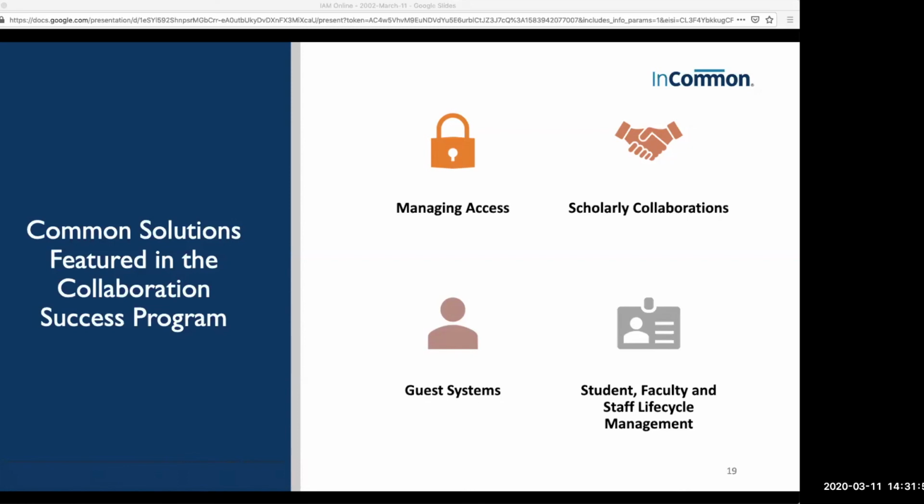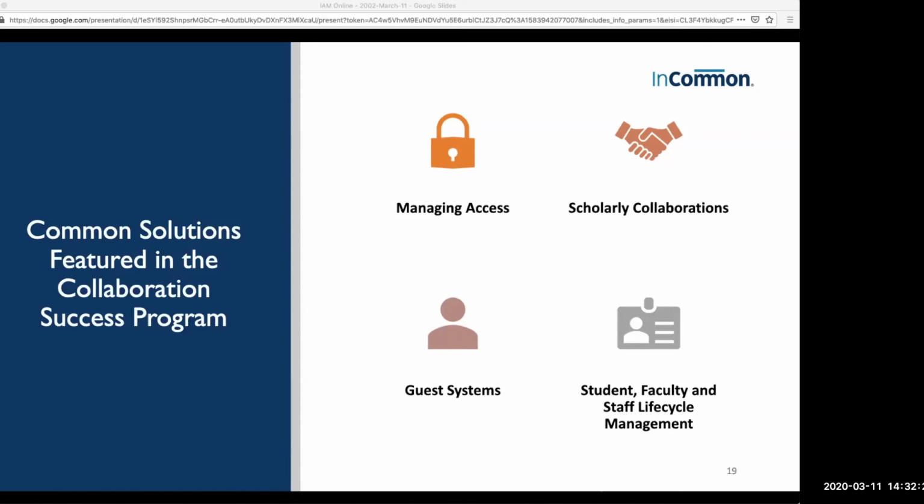We didn't talk a lot in this set of cases about scholarly collaborations, but research support is something we've really been trying to improve our capability for, and we have the tools, CoManage in particular, that will allow people to form their own collaborations and add the tools they need to those.